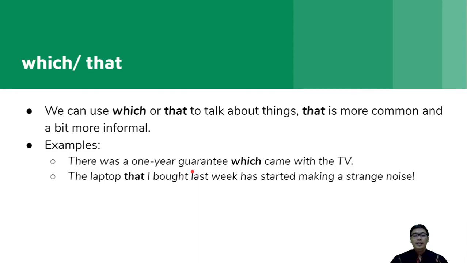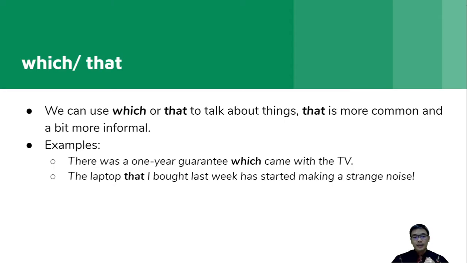Okay, let's take a look at the second sentence. The laptop that I bought last week has started making a strange noise. We use that because it is the laptop, a thing. Can we change that here with which? Sure, we can. But can we change that here with who? No, we cannot, because the laptop is a thing, not a person.